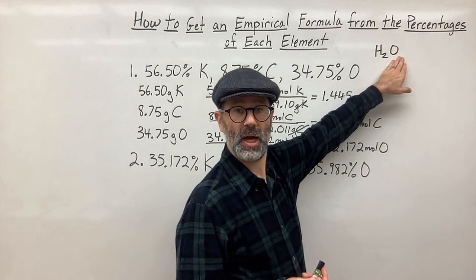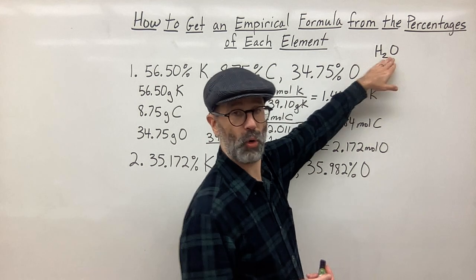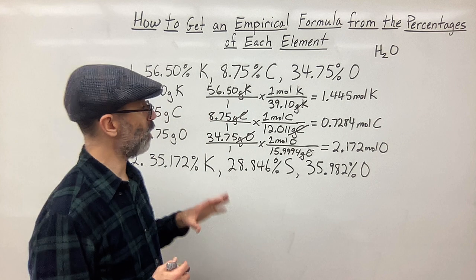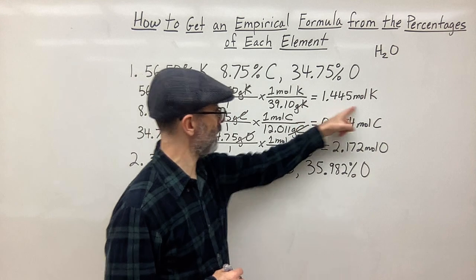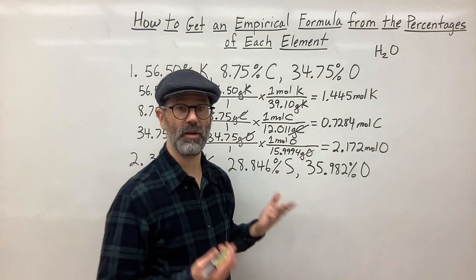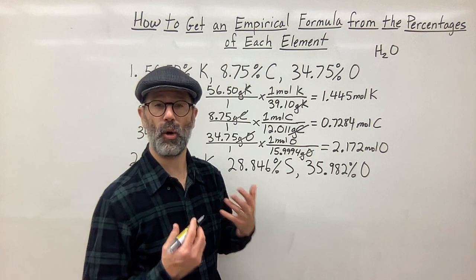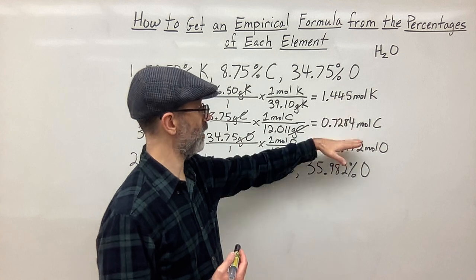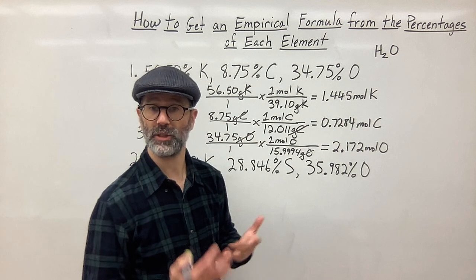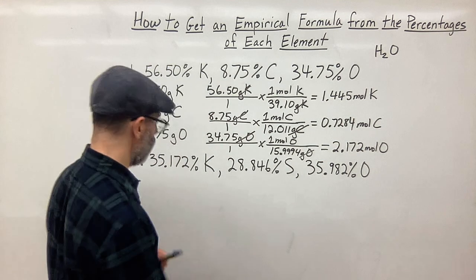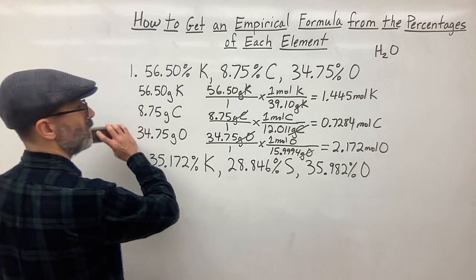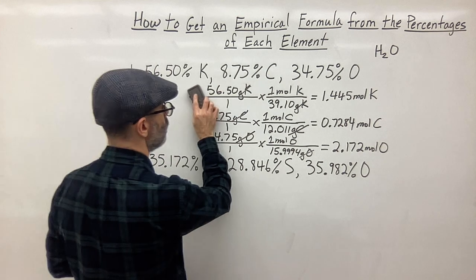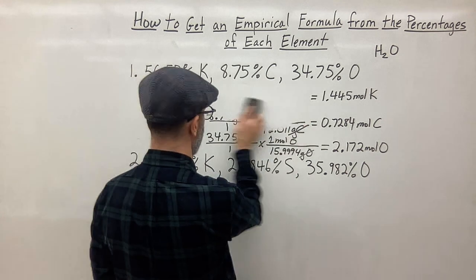We don't write ones, but the ratio is 2 to 1. We want whole number ratios so that we can write them as subscripts. Basically, these numbers here are the subscripts, but they haven't been put into whole number ratios. So let's make a formula with these numbers in it, and we'll get the whole number ratios in a moment. Let me erase here so I can give myself some room. So we got our moles.